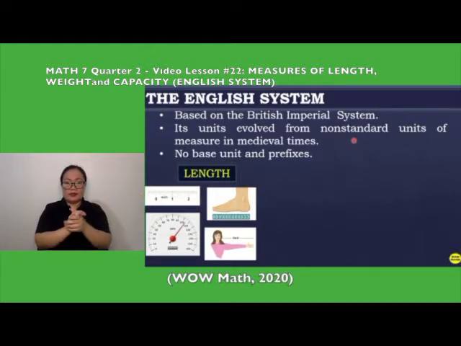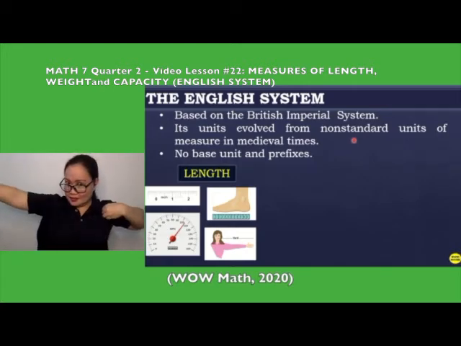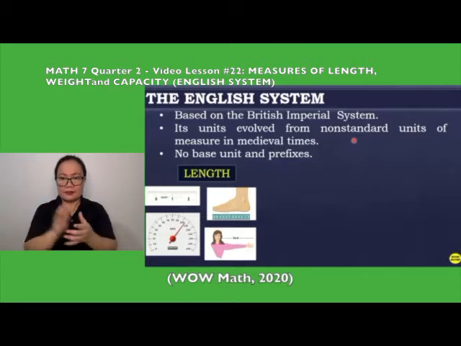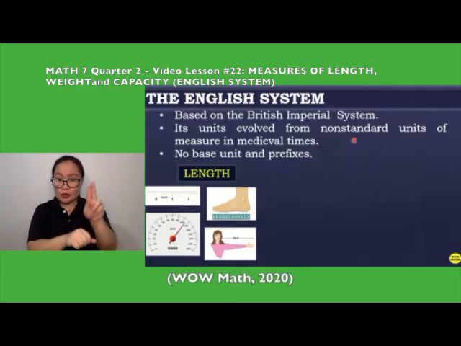Kung mapapansin nyo, if you're going to let's say Divisoria or yung bilihan ng mga fabrics, 'di ba? Yung mga cotton. Paano nila sinusukat yung haba ng tela na bibilhin mo, they are using yard. Okay? If you have noticed, they are using meter stick.